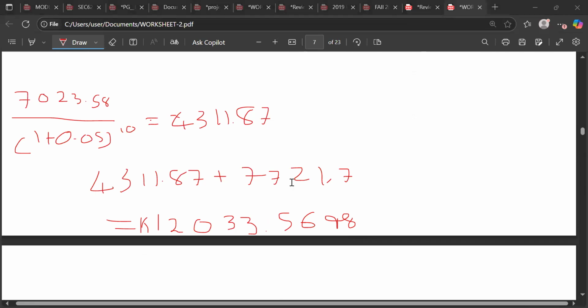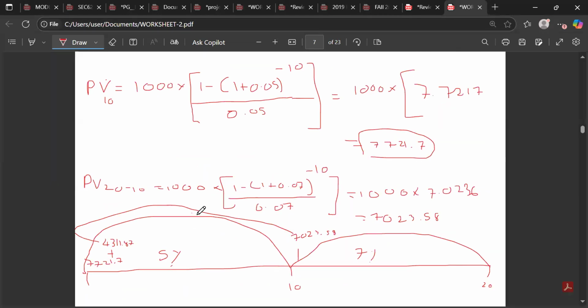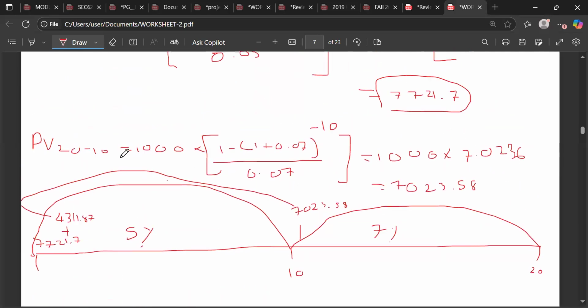Okay, I think just show the workings from the 7,721. I want to see the next one because I'm behind on that one. Oh, okay. So for the 7,721, now the next one. Okay, so I said here, this one. The loan was for 20 years, right?